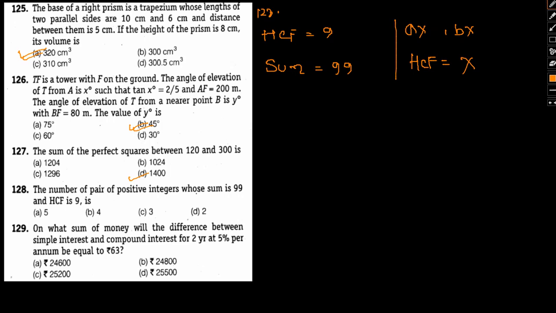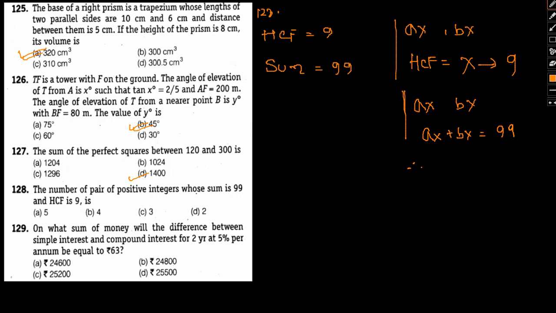So in this case, we let the first number be AX and another number be BX. Here X represents 9, so the HCF is 9. Now we are given AX plus BX equal to 99.